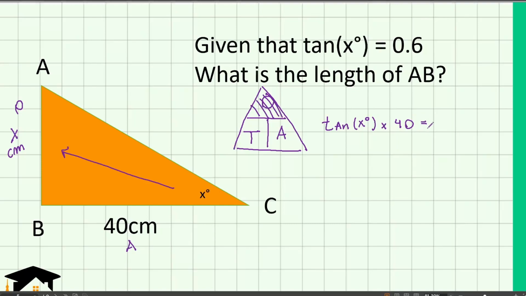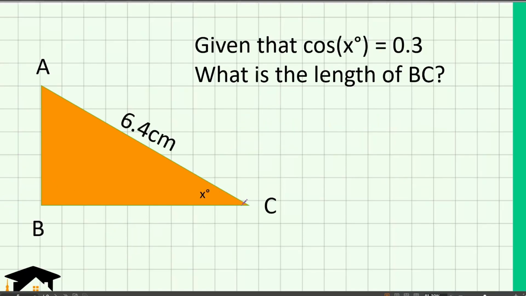But now tangent of x is 0.6. And 0.6 times 40 is 24. So this tells us that this side measures 24 centimeters.